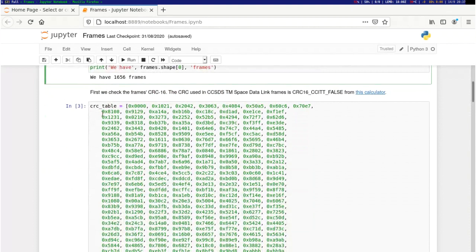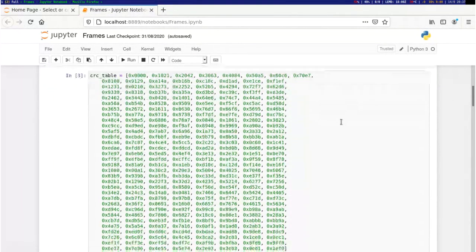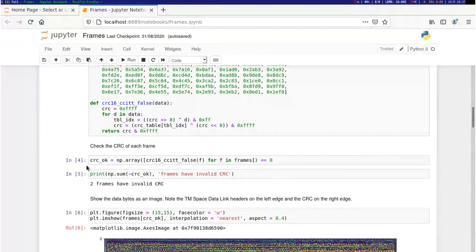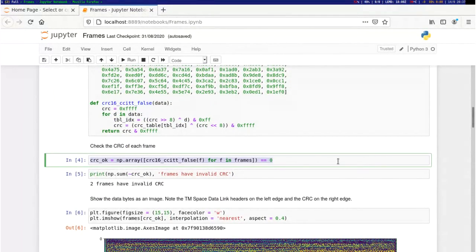This is my quick and dirty implementation of the CRC16 codes, and you have a link to a very useful online calculator. So nothing special. Here we check what frames have valid CRC, and we find 2 frames have invalid CRC, and the others have valid CRC.